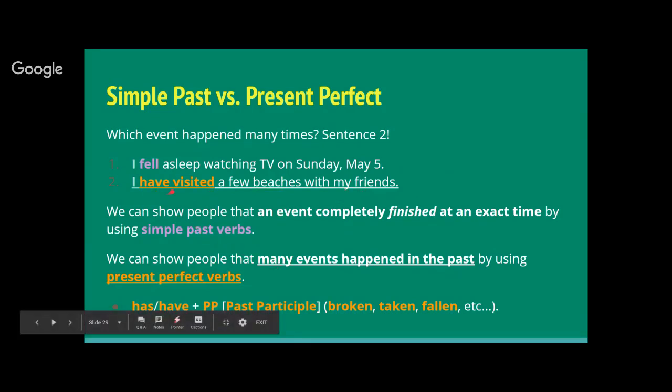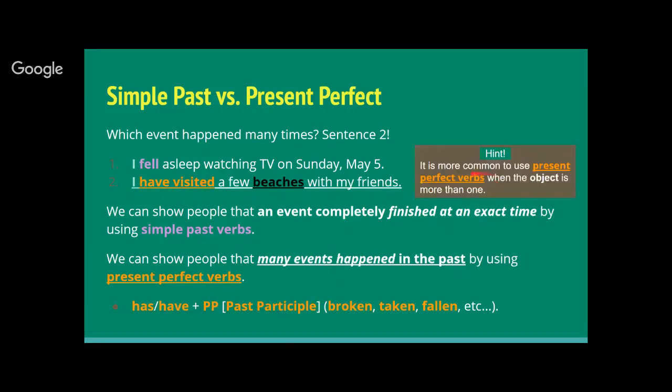So again, present perfect is still just the has or have plus the past participle, right? So in this case, I have visited a few beaches with my friends, and as we can see, it is more common to use the present perfect with events that happened more than once, right?